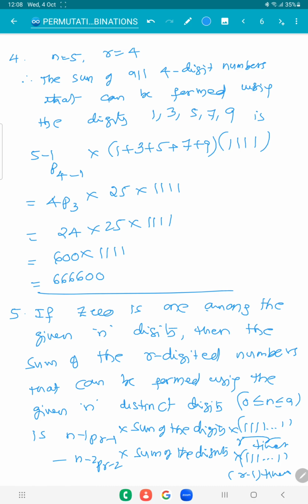In this question, the number of digits n is equal to 5, r is equal to 4, and 0 is included.